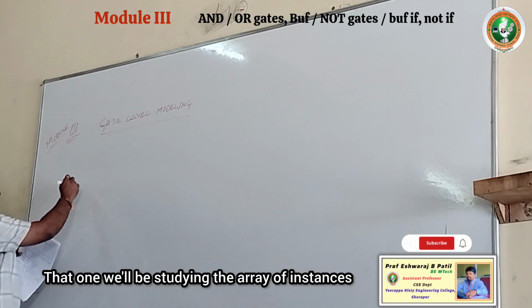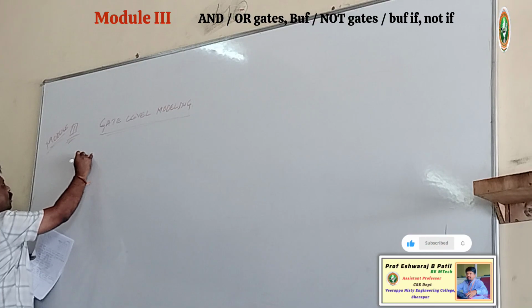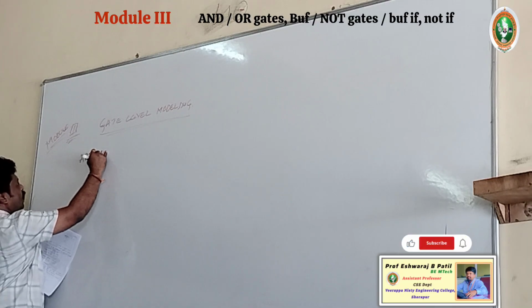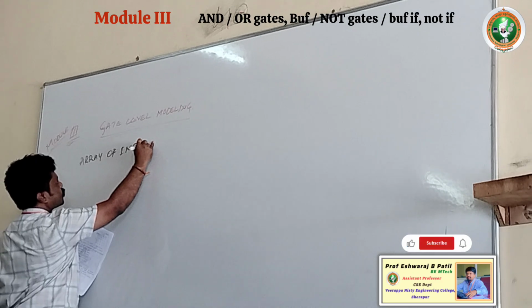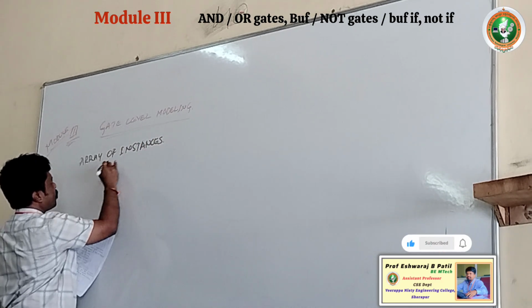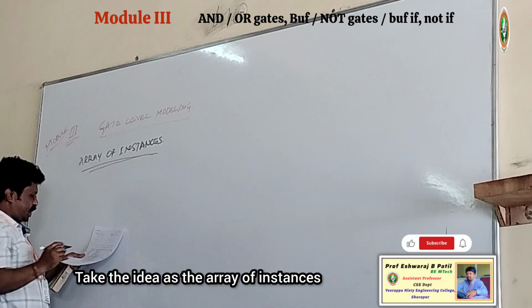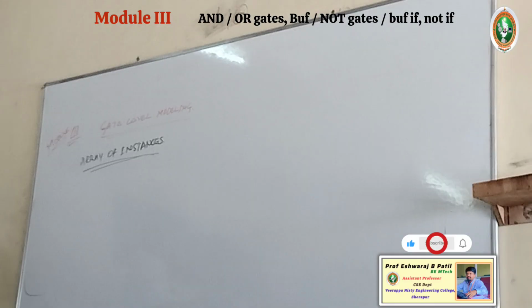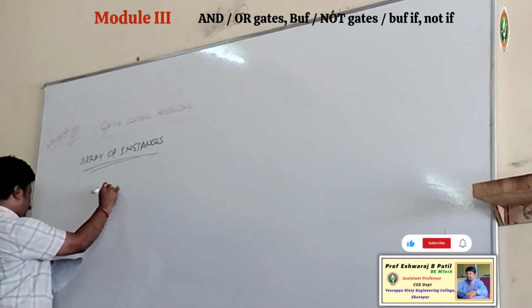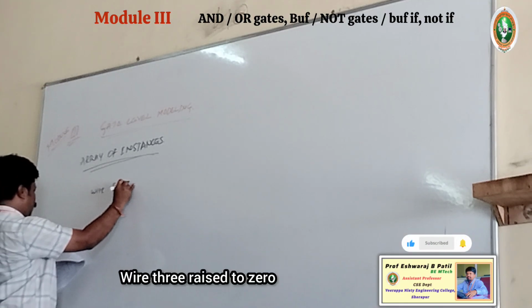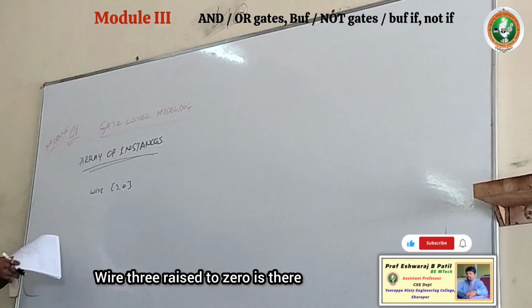That is what we will study in the array of instances. Take the idea as array of instances. For example, here wire [3:0] is there.